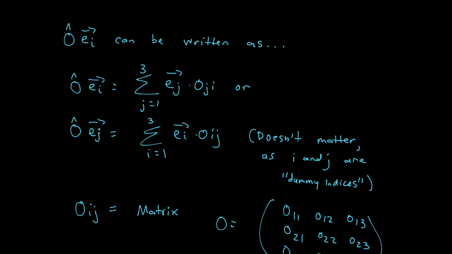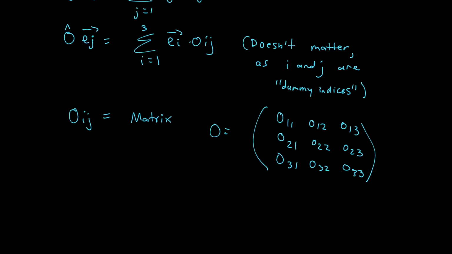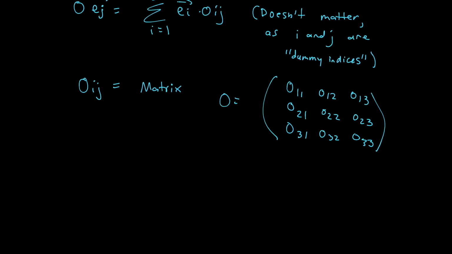It doesn't matter how you write it, since i and j are really dummy indices. So you can write O_ji as a matrix, and for your visualization, I wrote the components of O down in the matrix.